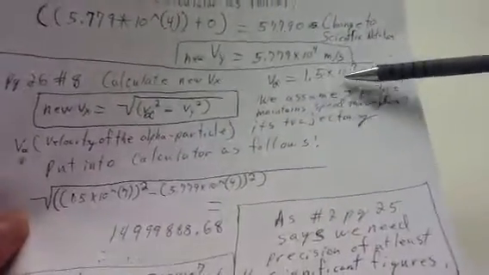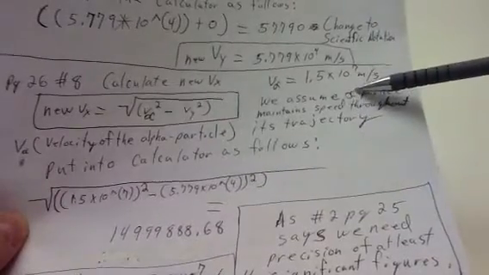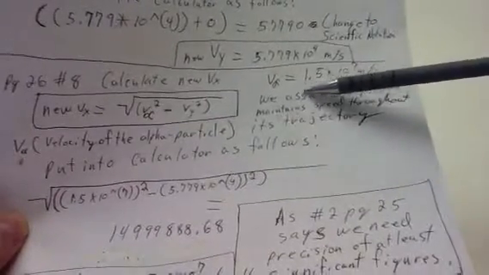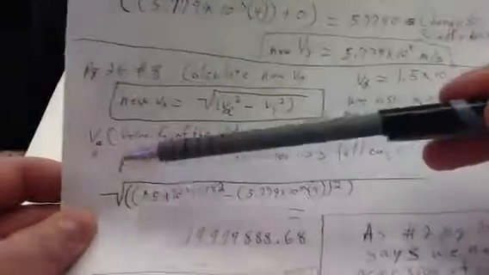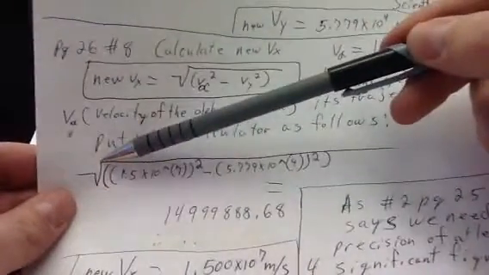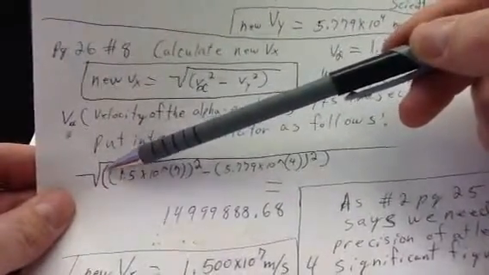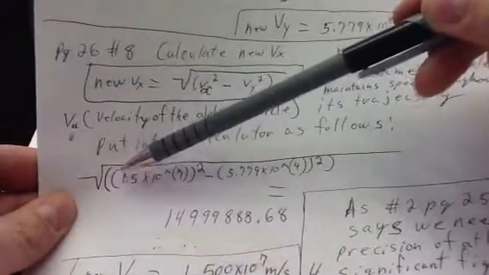Now we assume that the alpha particle maintains speed throughout its trajectory. Okay, so put it into the calculator as follows. So square root, now parentheses, this parentheses is not going to be closed out until you get down here. Then you got a parentheses here, you take your velocity of alpha particle.